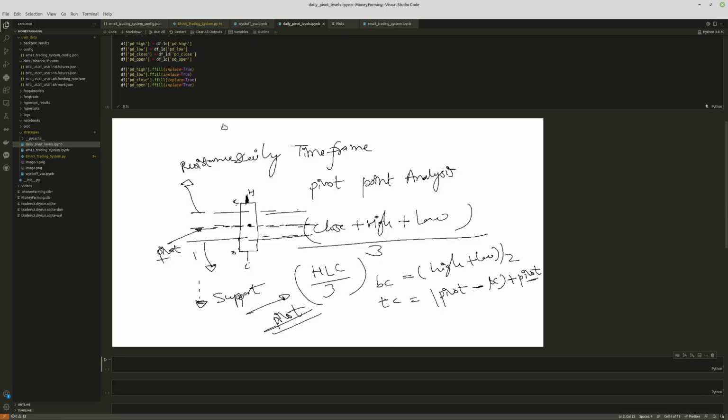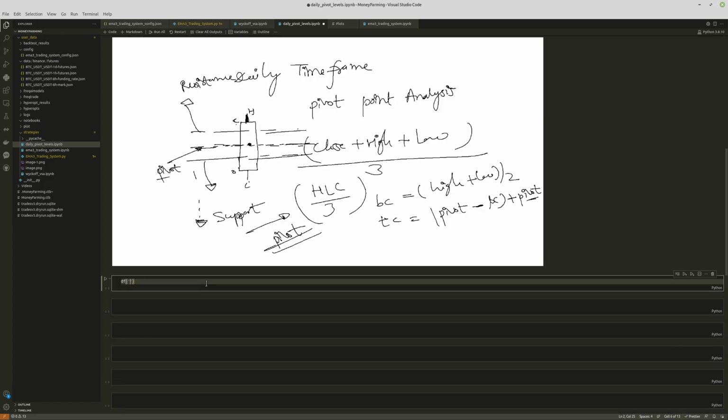Okay, so we have to calculate the pivot. This is going to be the daily pivot, which is df previous day high plus previous day close, HLC, previous day low plus previous day close, divided by 3.